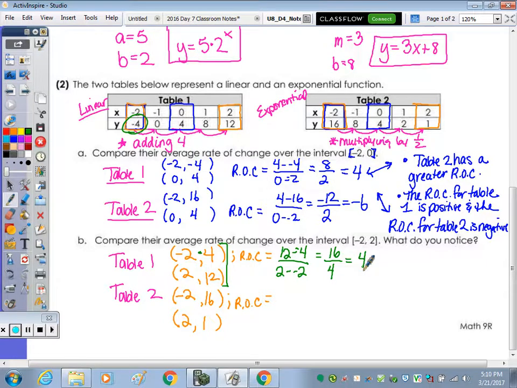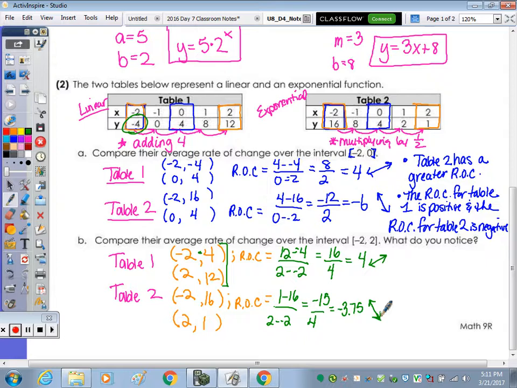So we have a positive rate of change, so indicating a positive slope. And then here, 1 minus 16 over 2 minus -2. So we end up with -15 over 4, which gives us a value of -3.75. Or you can leave it as 15/4. Okay, so that's a negative slope.